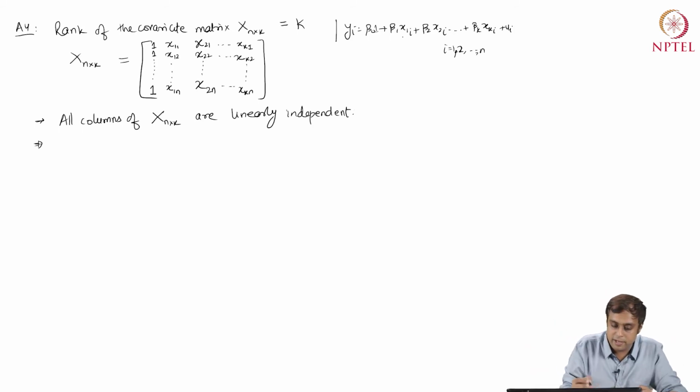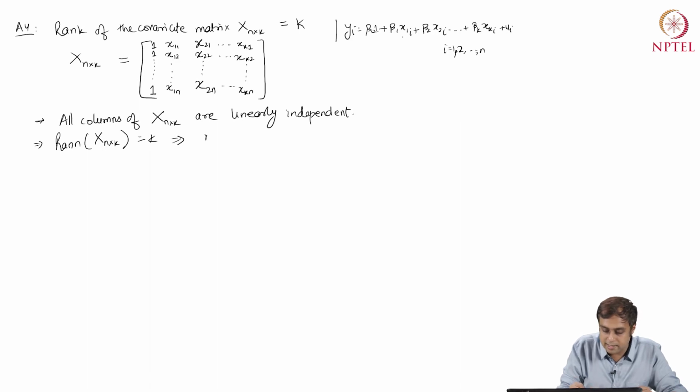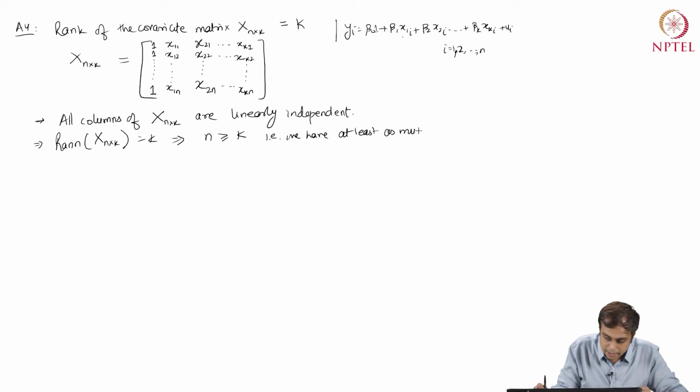Second thing it says is that ultimately rank of this matrix X is equal to k implies that n is greater than or equal to k. That is to say that we have at least as much data as we have variables.